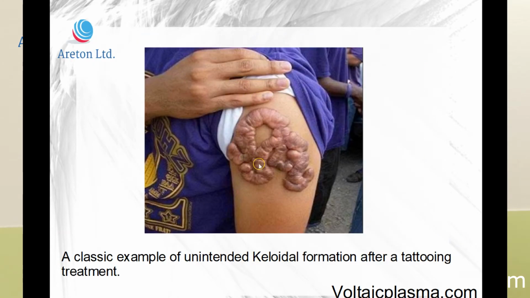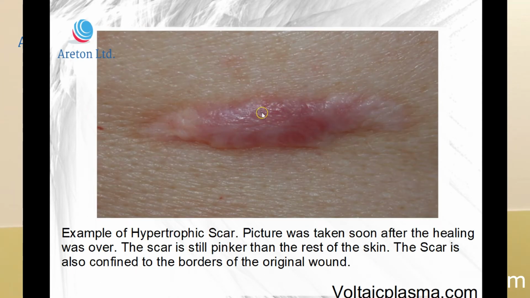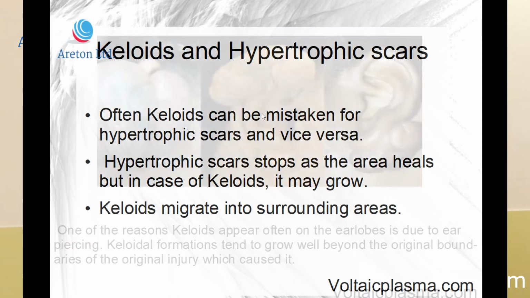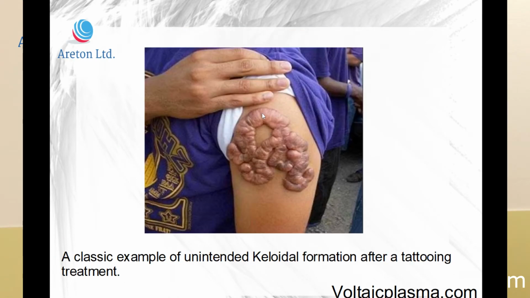This is another keloidal formation after a tattooing treatment. Again, it's so recognizable because you actually see it bulging out completely from where the area was. If you compare this to the other one, obviously the difference is very noticeable. So even tattooing can actually cause it.